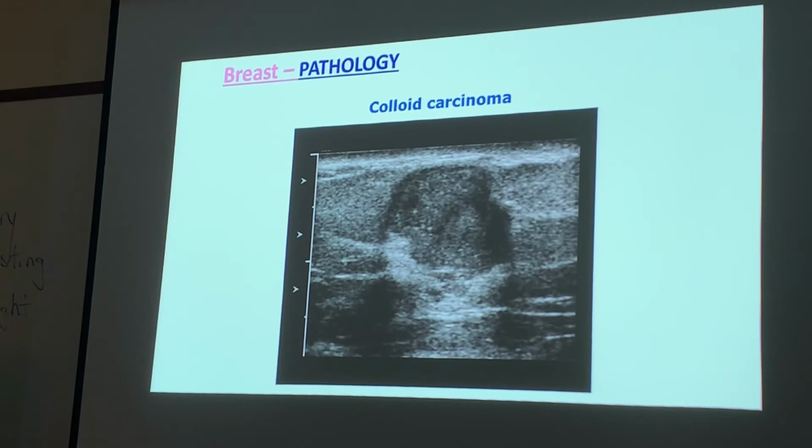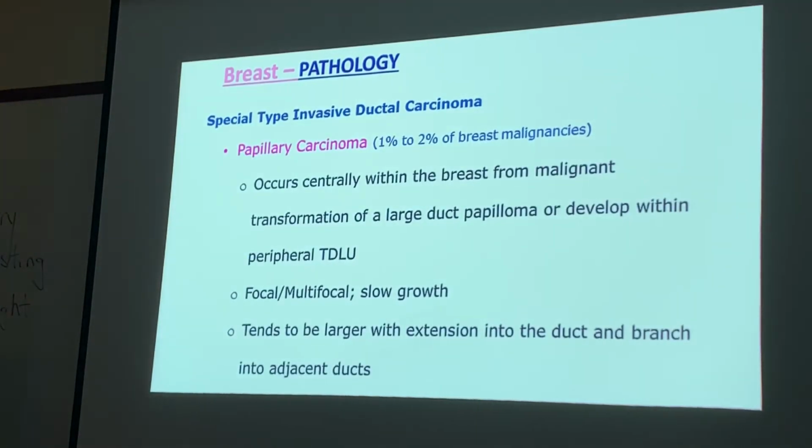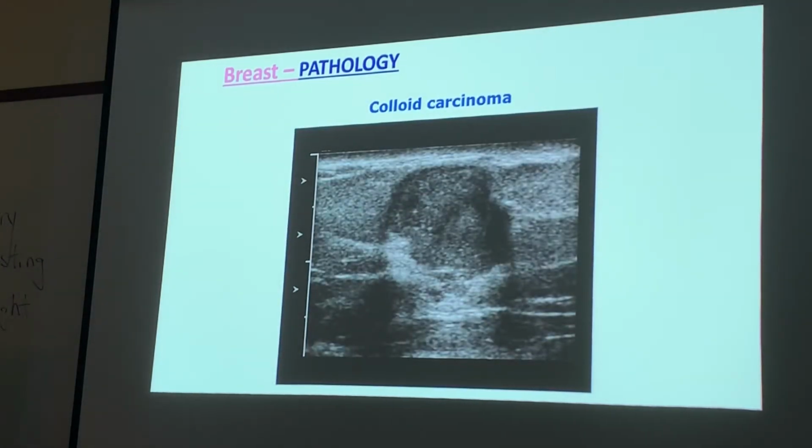And this colloid carcinoma, kind of gelatinous, almost looks like a complicated cyst. This one doesn't even have the echogenic halo. Meaning, an echogenic halo would be similar to how the aorta wall looks around the aorta. That bright wall around the actual mass itself.